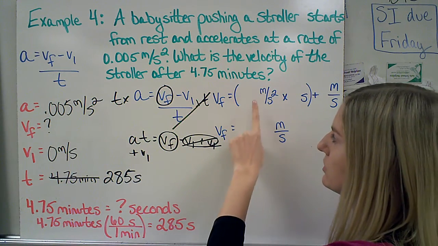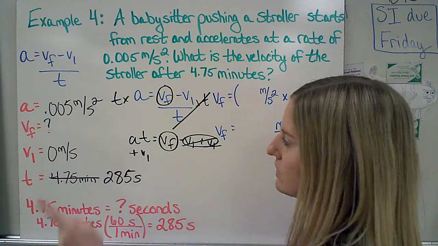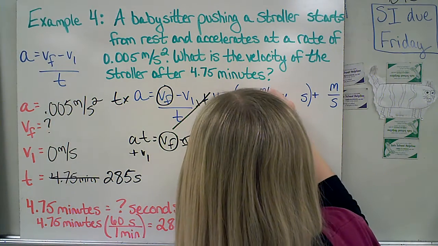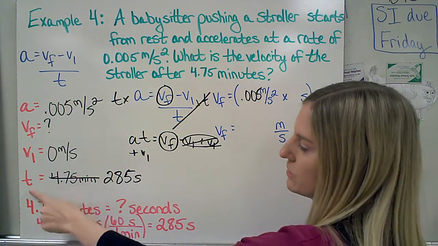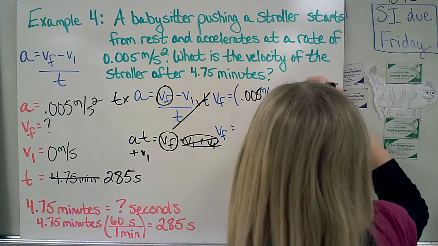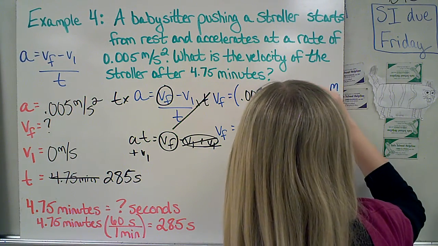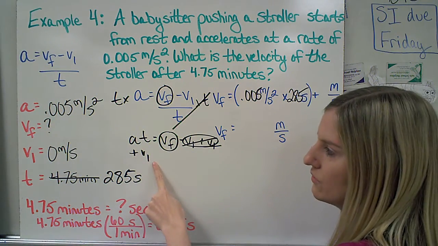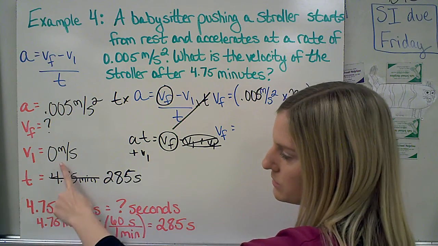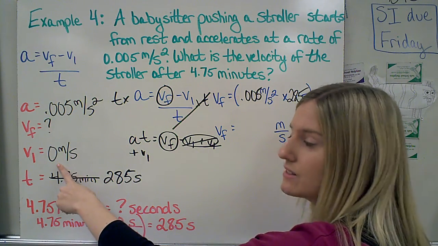So vf is equal to a, which is 0.005 meters per second squared, times t, which we figured out is 285 seconds, plus initial velocity, which they told us we started at rest. Rest means 0.